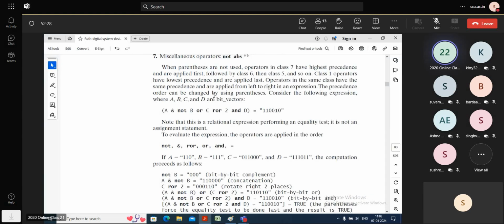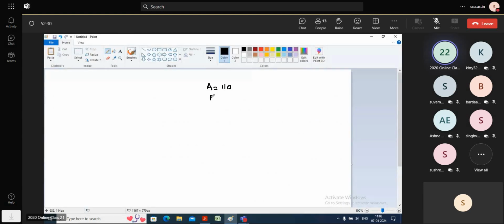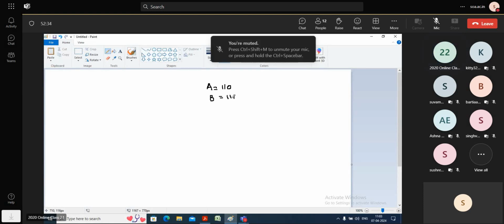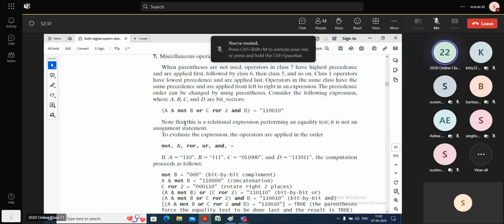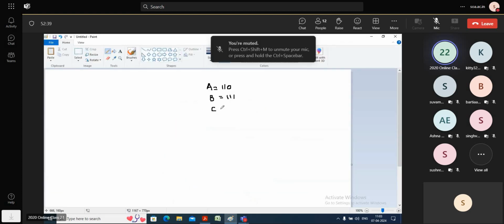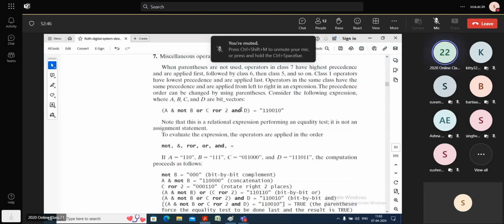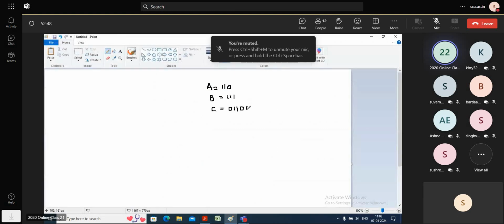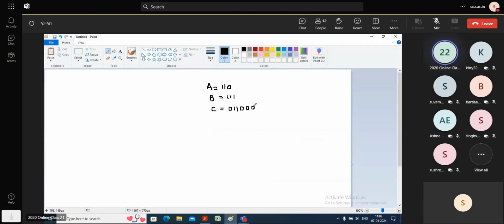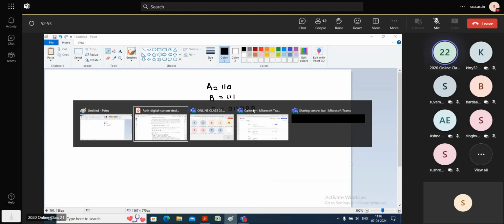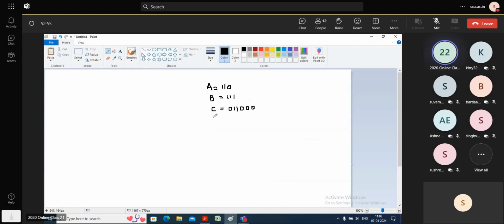Then B equal to 111. C equal to 011000. C equal to 111011.